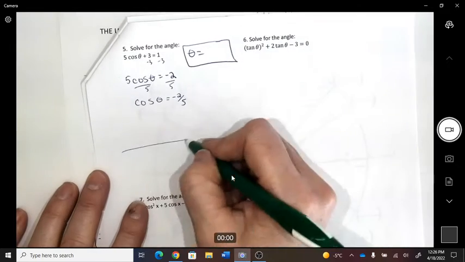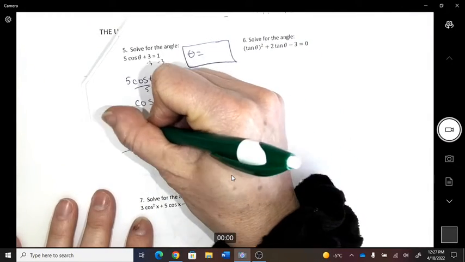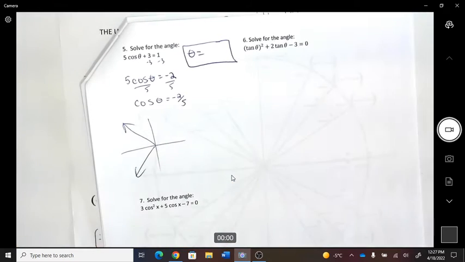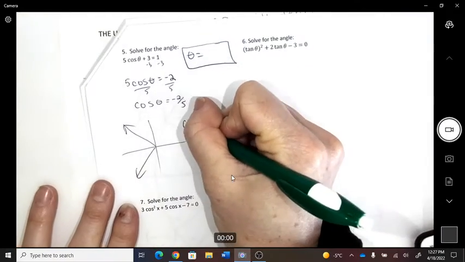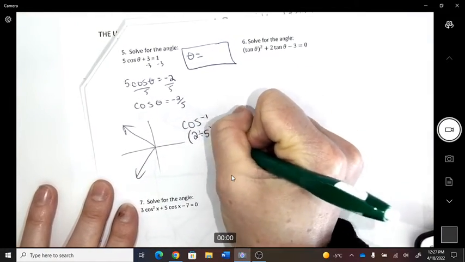Okay, so my first thing is, where am I? Cos is negative. So your ASTC, have that memorized. Okay, now to start angles, we do the inverse. And then I'm going to be careful what I'm typing.